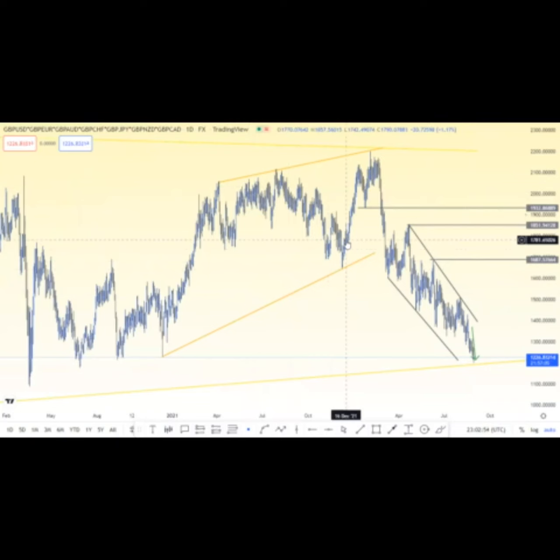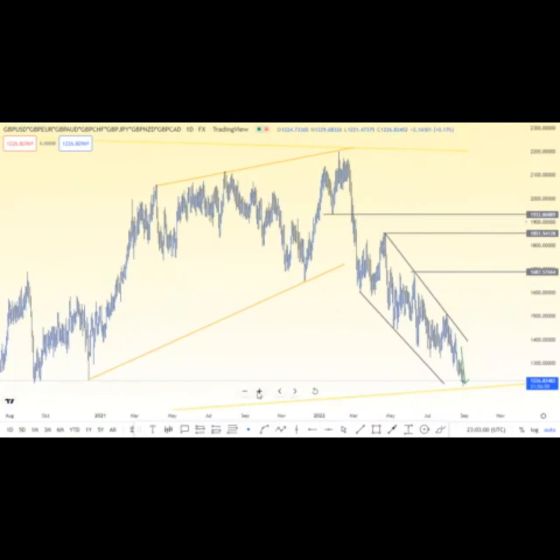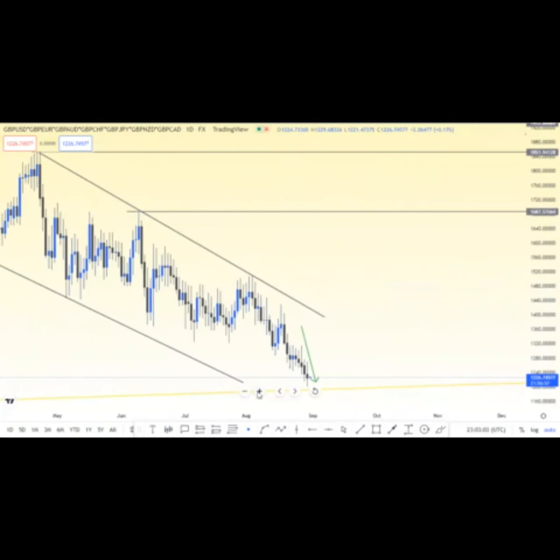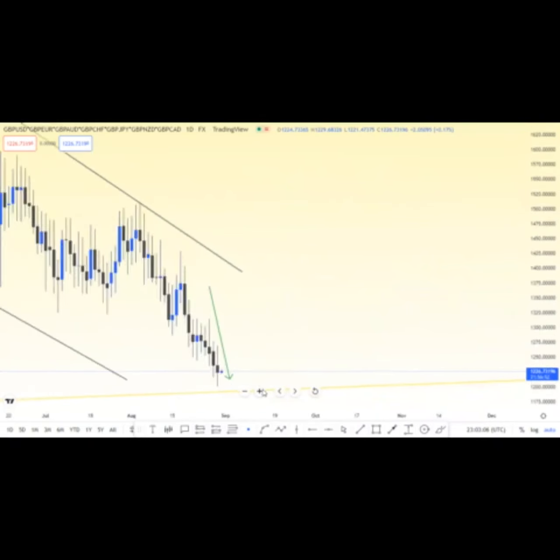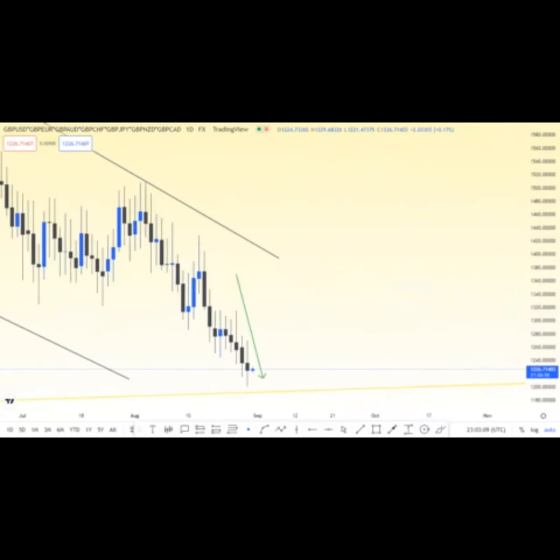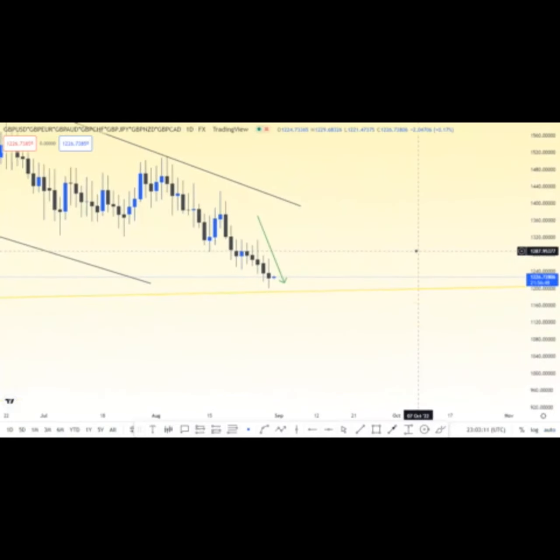So if the USD is bullish and the GBP is bearish, the NFP gives us a clear picture of how it might turn out. So still looking for the GBP USD to touch this level. So the GBP is bearish.